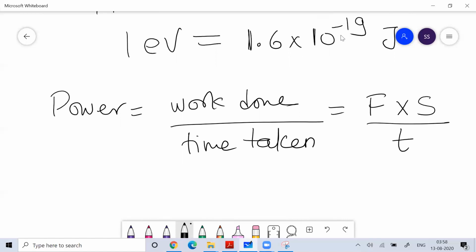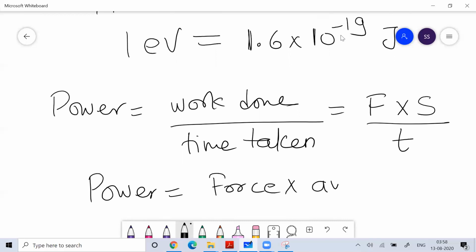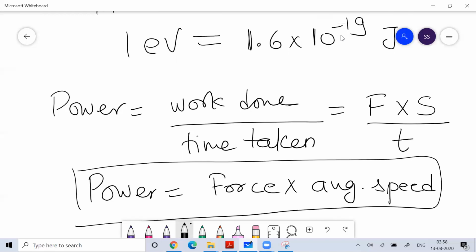And that distance by time, or displacement by time, is equal to velocity. So the other way, I can say power is equal to force into average speed. This is another formula which you can keep in your mind. That is a relation between power, force, and speed.